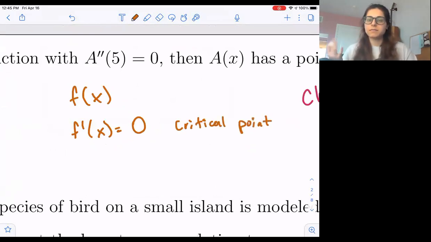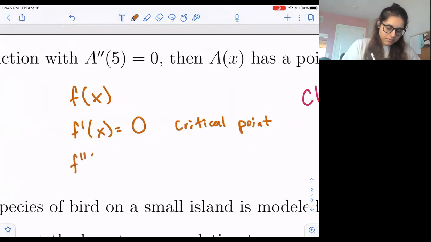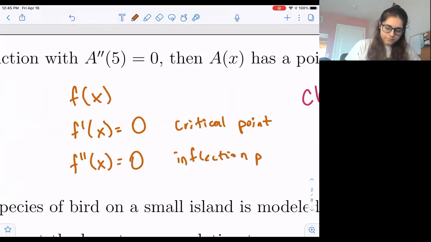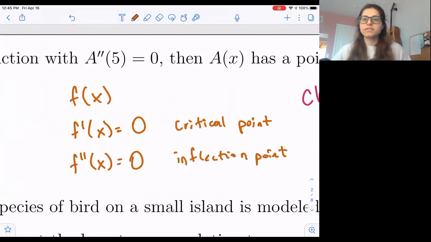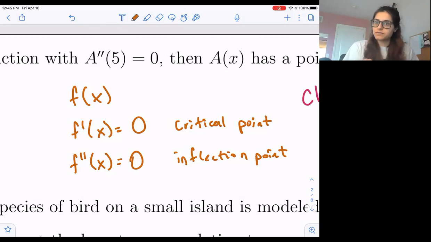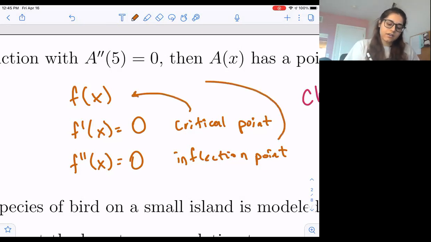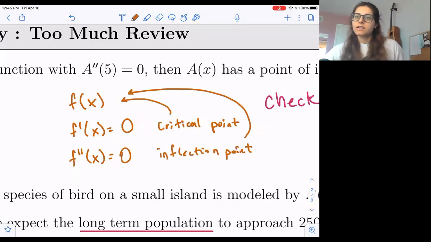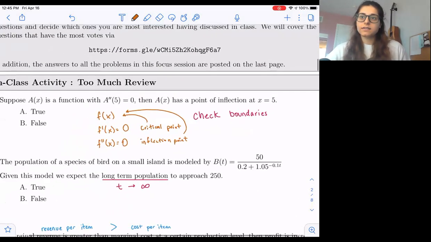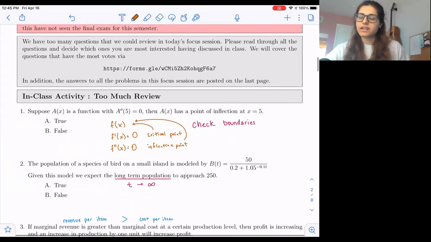That's like maximum, minimum. When f double prime of x equals 0, we think inflection point. That's where it changes from concave up to concave down or vice versa. So those are both in relation to the original function. So it's a critical point of f of x, inflection point of f of x. All right, so here you would think that you would have a point of inflection at 5.